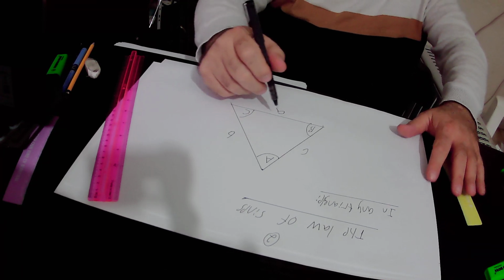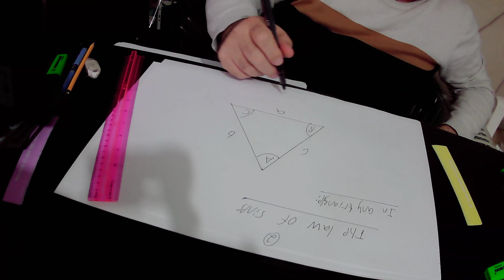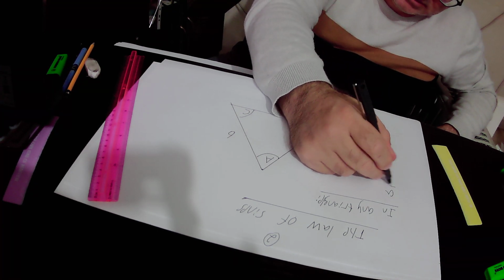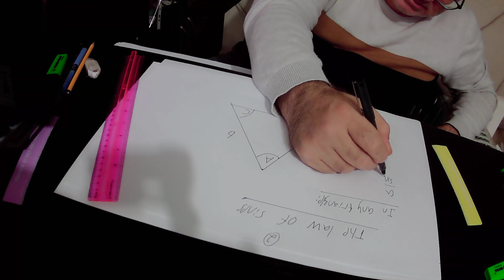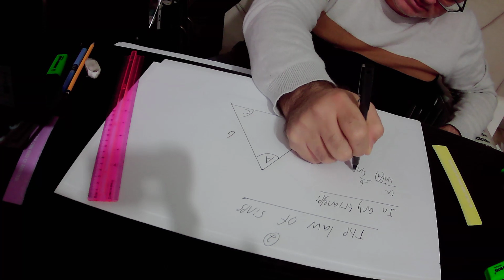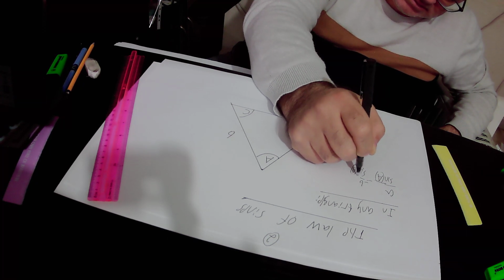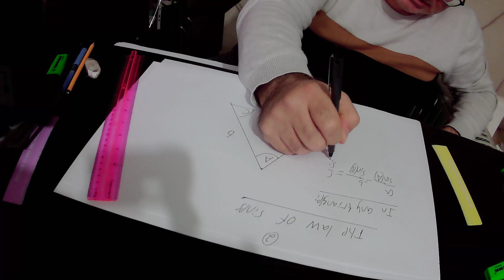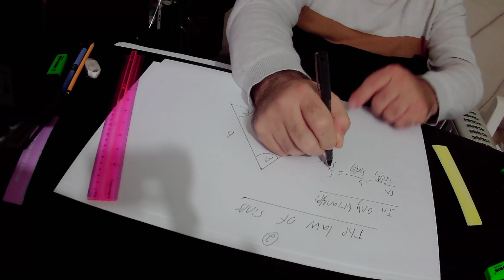Then, according to the law of sines, a over sine A equals b over sine B equals c over sine C. Okay?